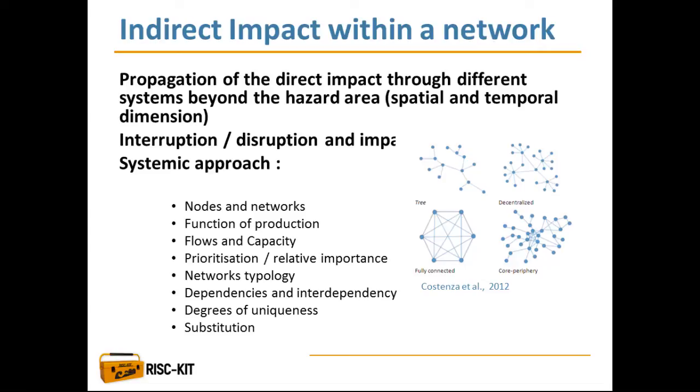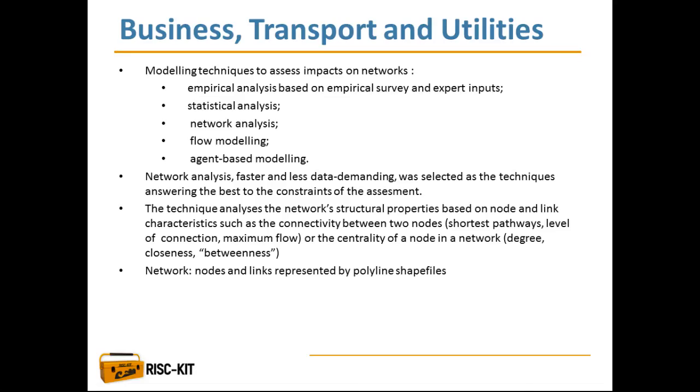That means we have to consider the different nodes and links within the networks and their associated function of production, flows and capacity, as well as their relative importance. We also need to understand the network's topology to better assess the existence of dependency and interdependency within the networks, the degrees of uniqueness, and the potential substitution.